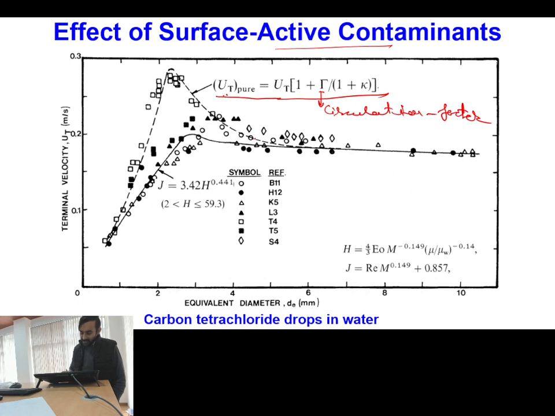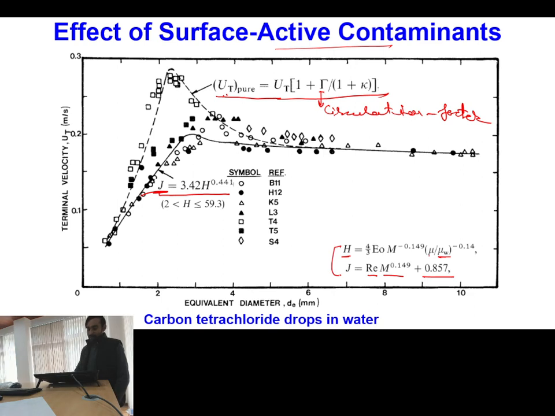For a contaminated system, you have a dimensionless parameter j, given as Reynolds number times Morton number to the power 0.149, plus 0.857. You have another non-dimensional parameter h, given as 4/3 times Bond number times Morton number to the power minus 0.149, times the viscosity of the continuous medium divided by the viscosity of water to the power minus 0.014.